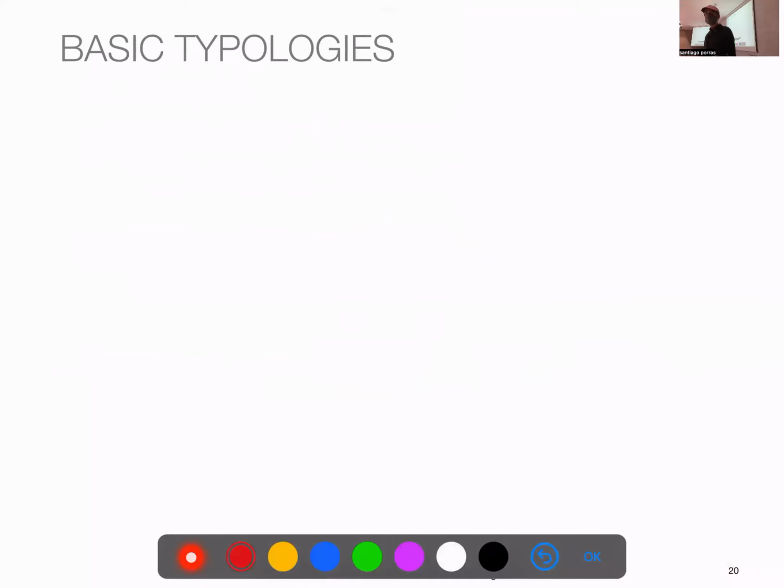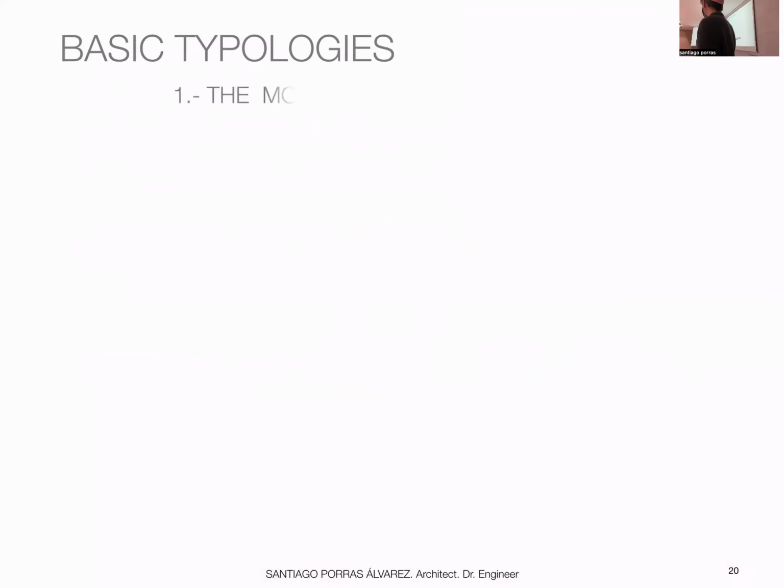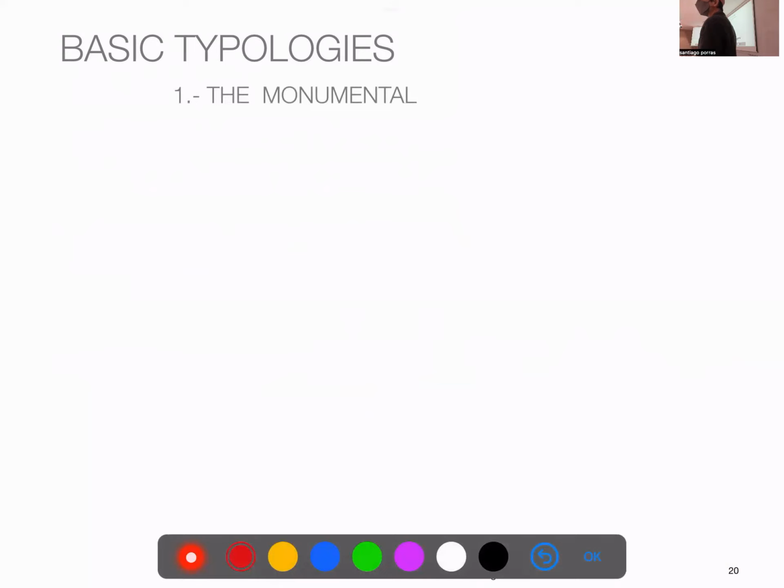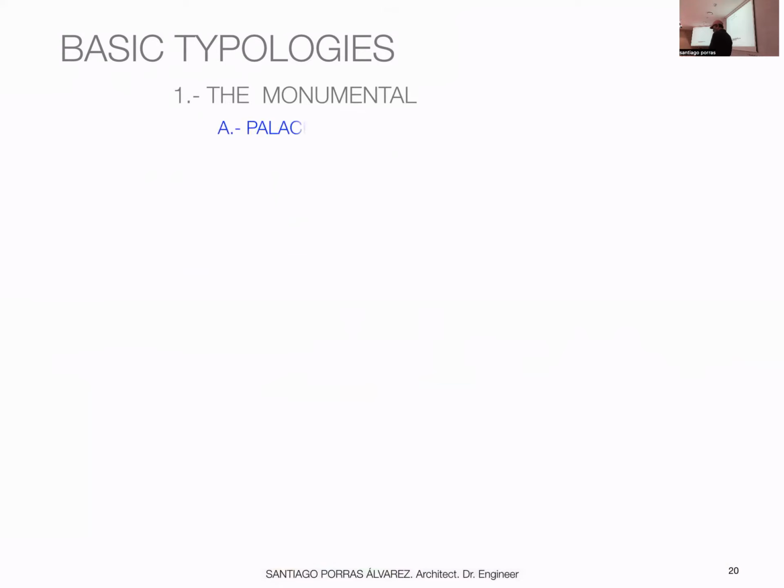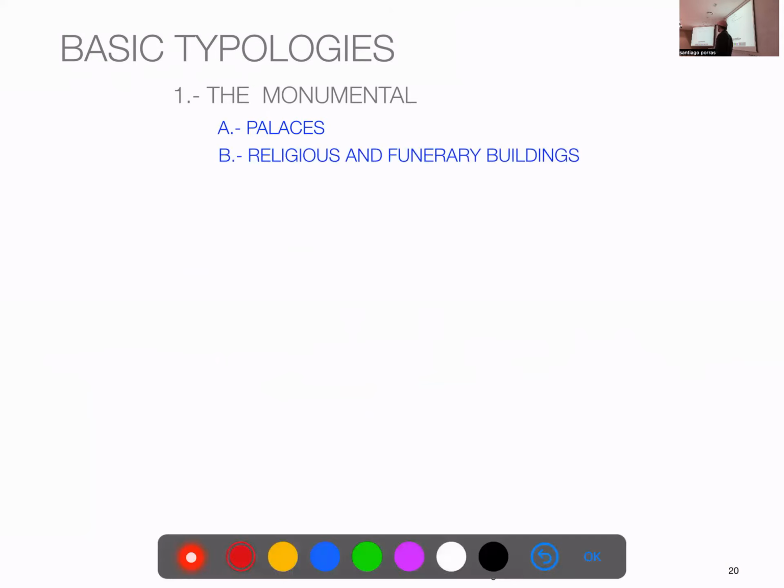And now we have to go to the typologies, right? So we have the monumental, which is the ones we usually study, which are palaces, say Gyeongbokgung or Changdeokgung, religious and funeral buildings, cathedrals, temples, and so on, and military buildings, castles mostly. But we have the domestic, and it is often forgotten.